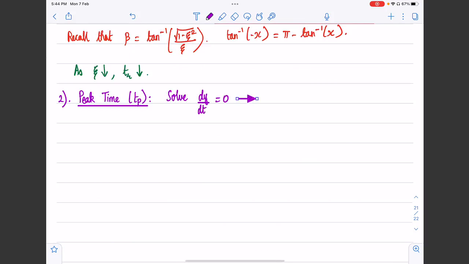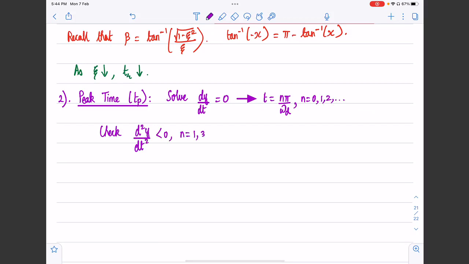If you do this, you will get t equal to n pi by omega d, where n is equal to 1, 2, etc. This is not only the maxima. It includes both maxima and the local minima, right? Now, what you need to do is take the second derivative, and see where it is negative, because it is a maxima.